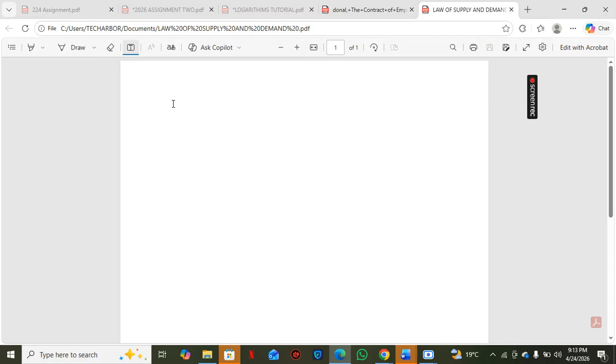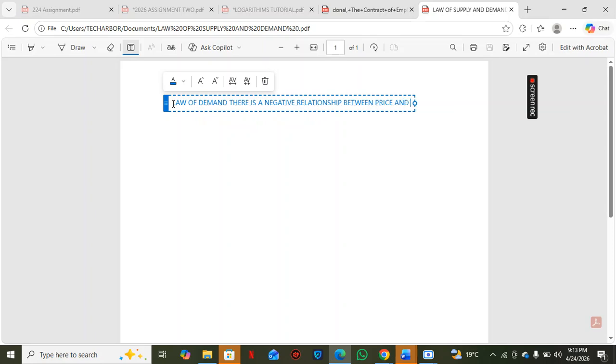So the law of demand: there is a negative relationship between price and quantity demanded. Quantity demanded, remember, is just how much of the quantity of goods you buy. Ceteris paribus, holding other things constant.